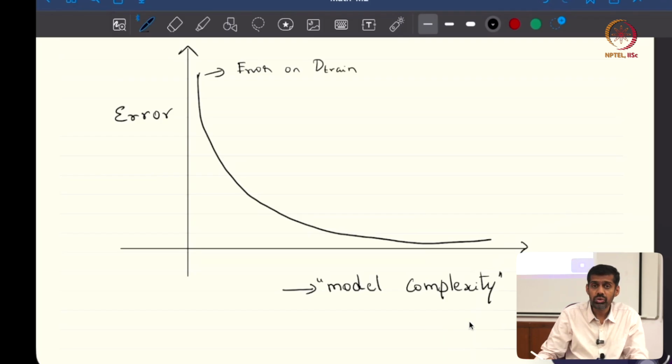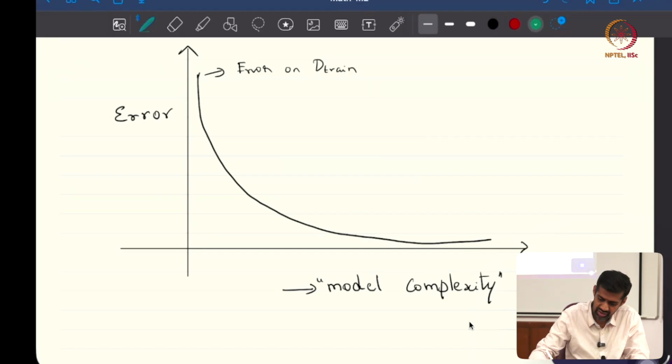Now, what happens to the validation data or test data or another sample of the data set? Note that you are solving ERM on this D-train, and you are measuring your performance on some other data. It can be validation data, test data, anything. How does that look? It looks like this.